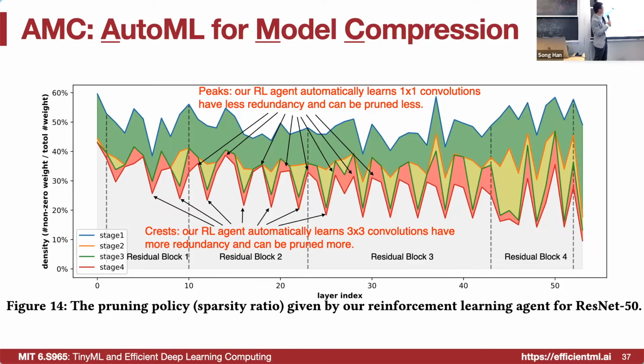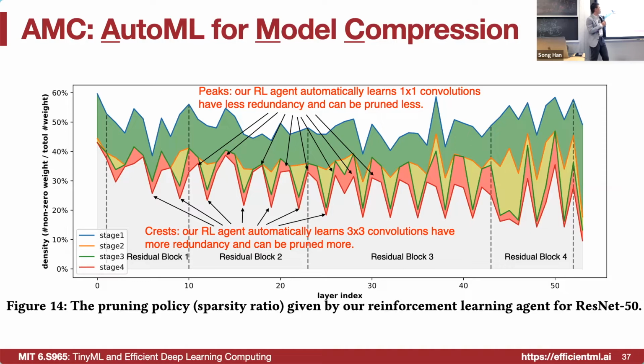And we can observe something in common across the different stages. There are those peaks versus crests. So what are those crests? They are the 3x3 convolutions.